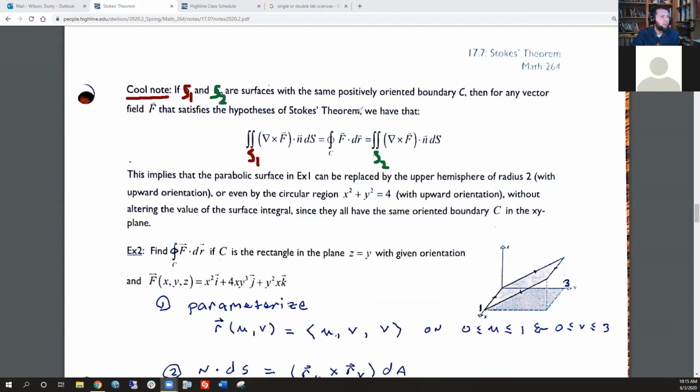So you're going to get the same result. And this might seem a little bit strange to see in theory, but it's actually pretty easy.